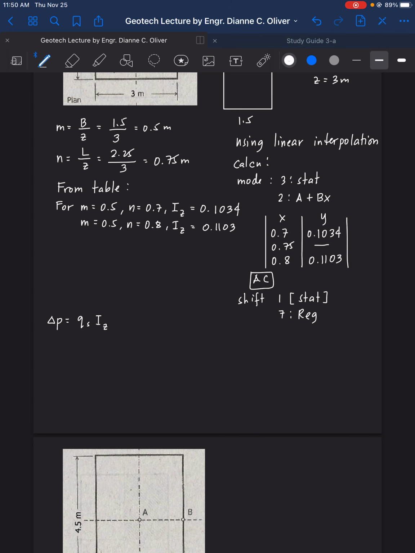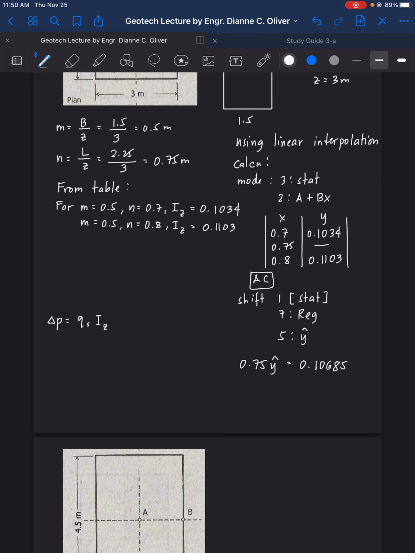What we're missing here, take note, is y. So choose y hat, 5. Then input the x value of 0.75, then y hat is equal to 0.10685.